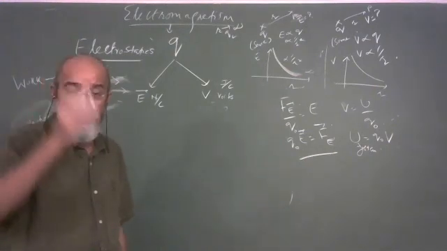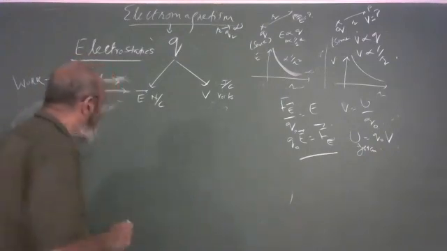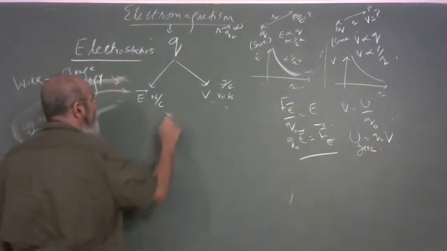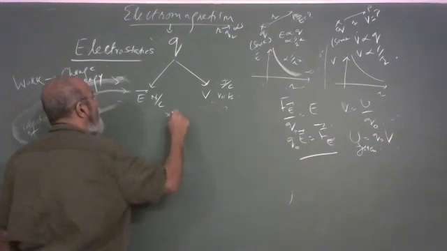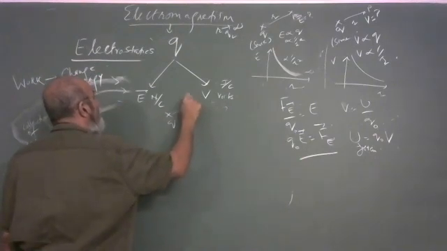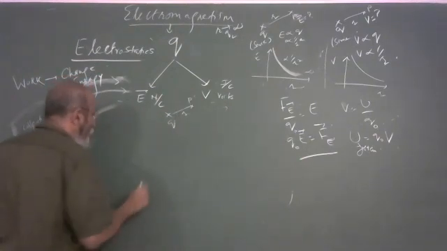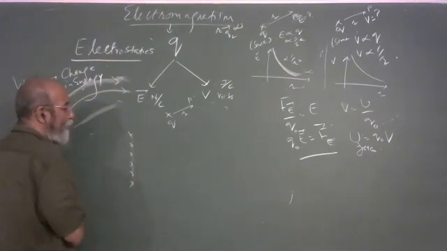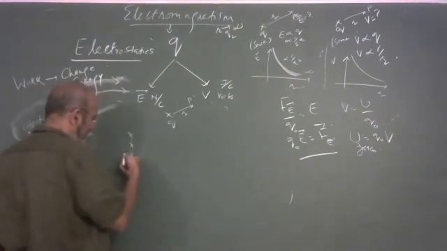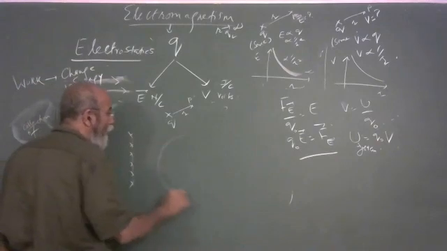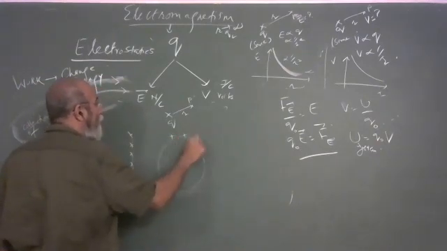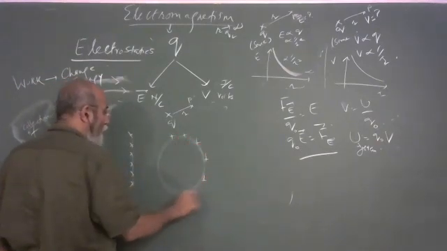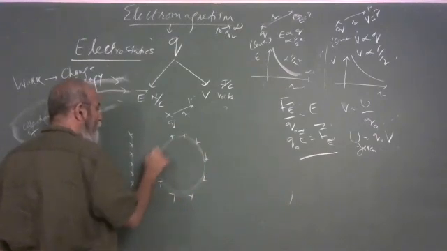I can take a string and make it into a loop. So I have developed it for one charge at a distance r. Charge, charge, charge, line charge. Take this string and make it into a loop, and let us say it is positively charged.